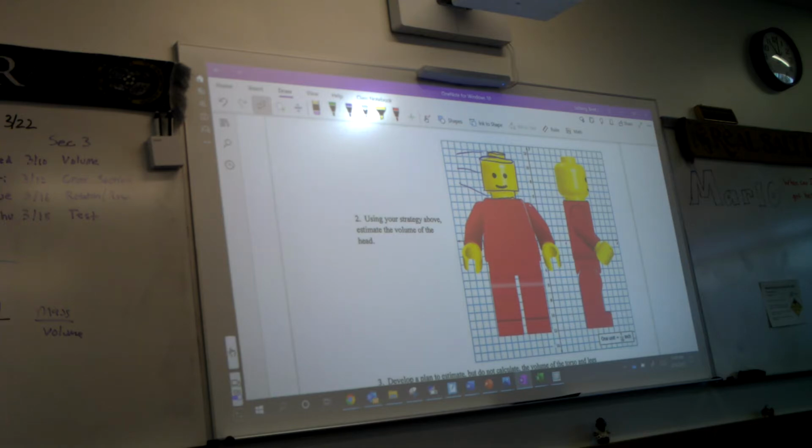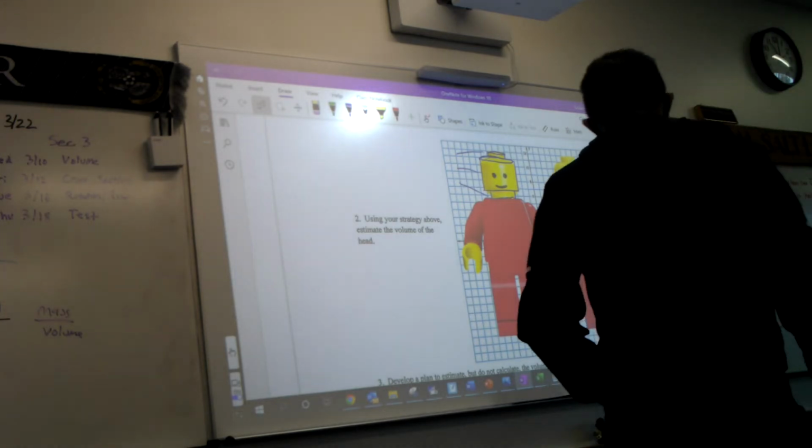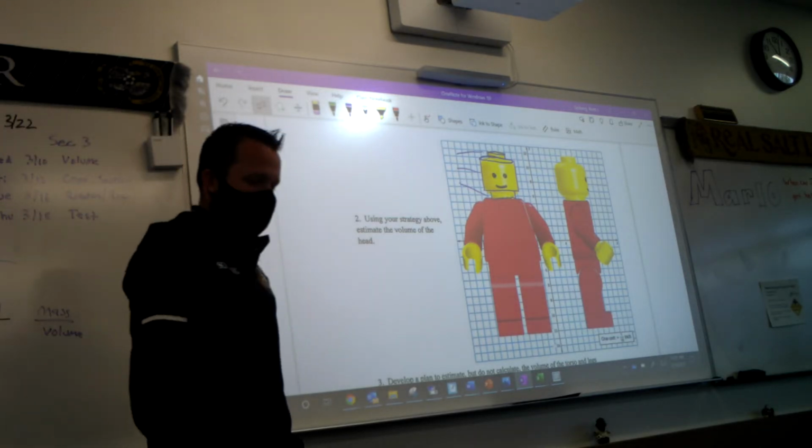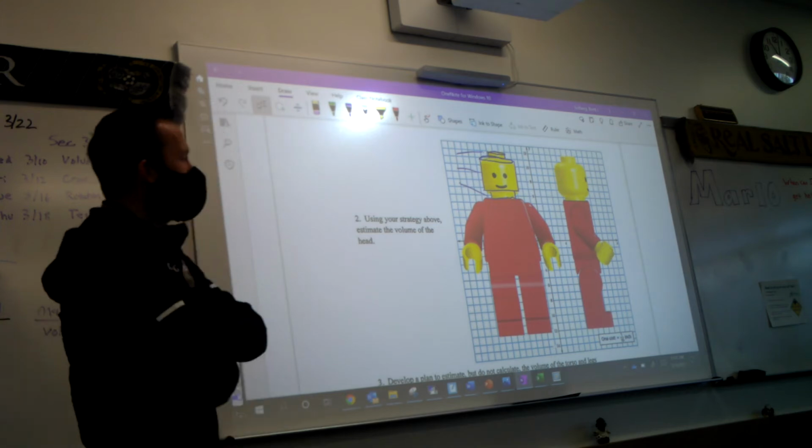Collage of shapes. Okay, give you maybe 30 more seconds, we'll come back.